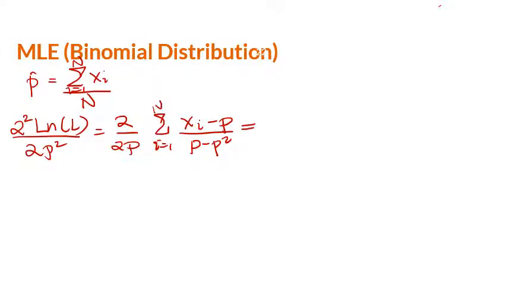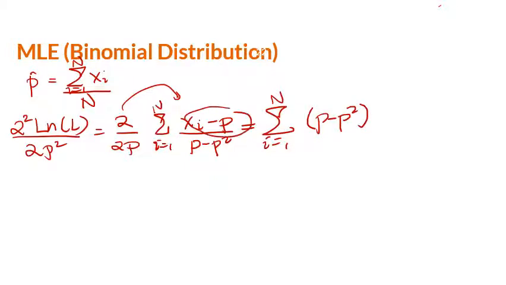So take note, itong yung derivative, pag pinasok natin sa summation, so magiging derivative ng quotient, so magiging summation ng i from 1 to n, low d-high, p minus p squared, derivative ng high, negative 1, minus high d-low, x sub i minus p, minus high d-low, so 1 minus 2p, kasi p is 1, minus p squared, 2p, over low.